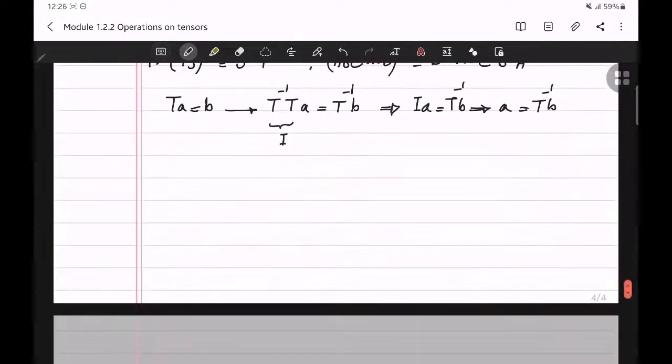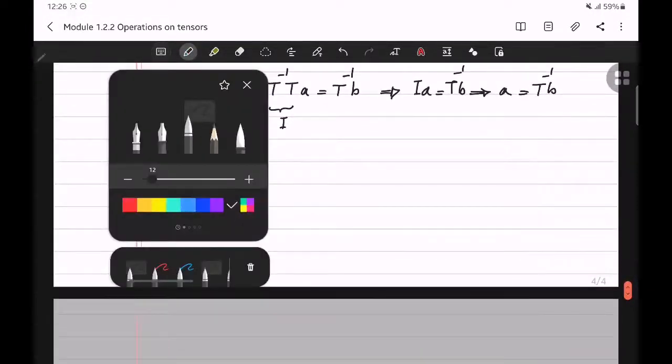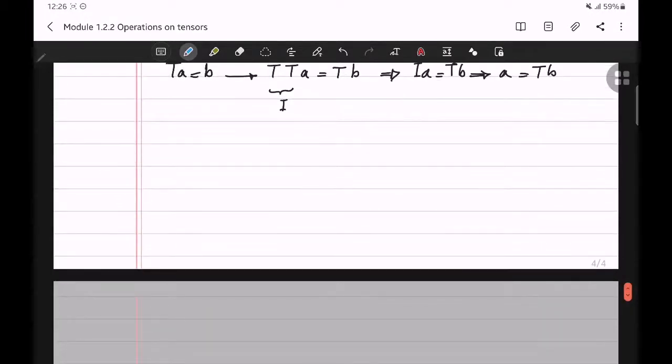Okay, so here is an important property. I read it from the book. If you have two vectors A and B, and you transform vector A into B using this tensor T, and T is invertible, then you have a one-to-one mapping.